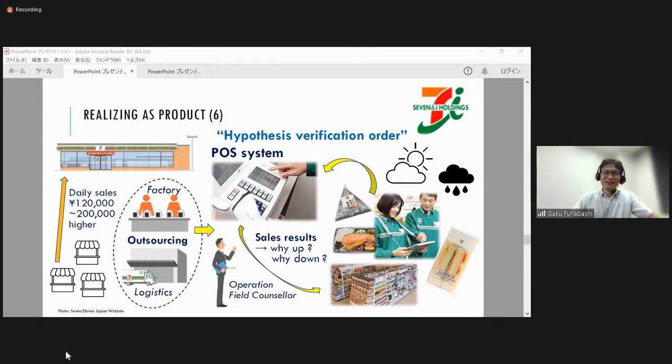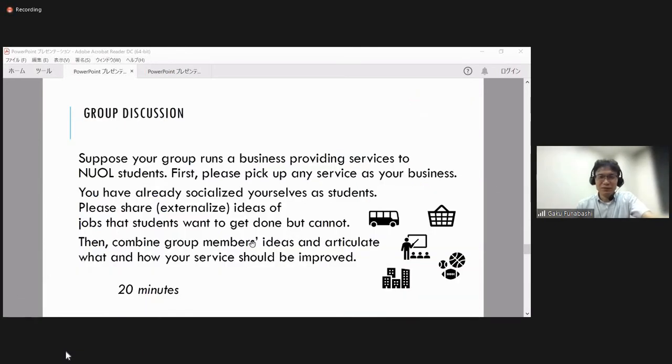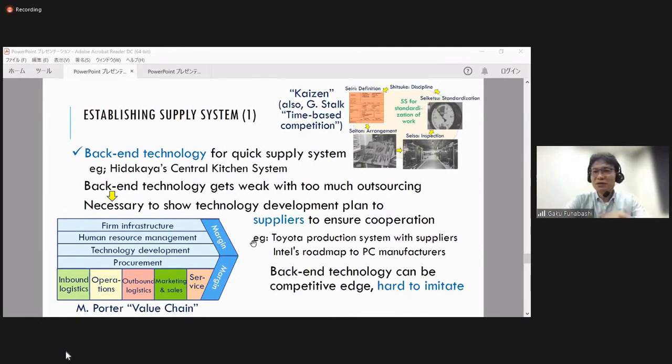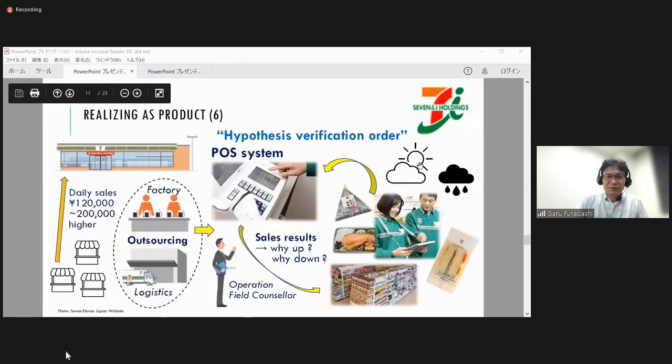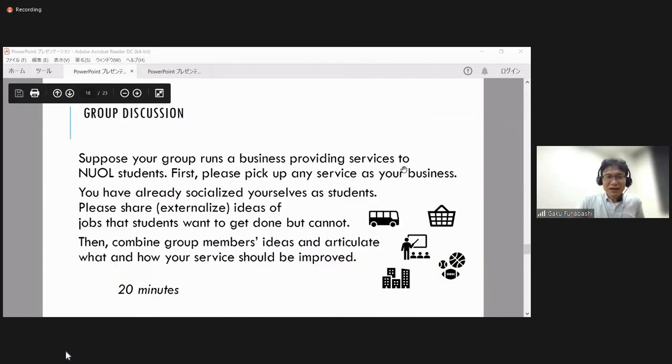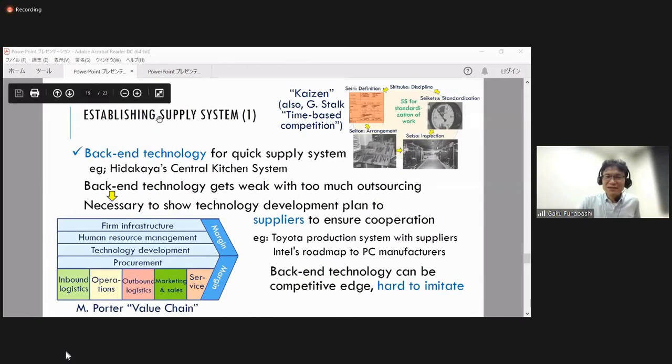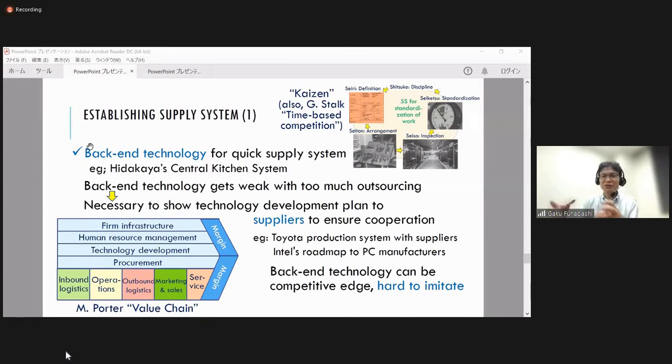Okay, so that is 7-Eleven. Now let me explain the rest of the materials. Now you nurture the core technologies and realize them as a product, and now you have to establish the supply system. In other words, it's back-end technology: the supply system, how to produce and distribute to customers. You remember Hidakaya's central kitchen system?